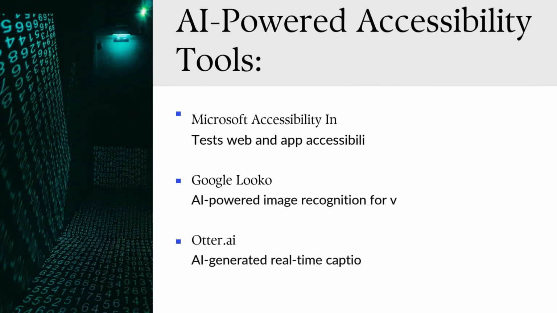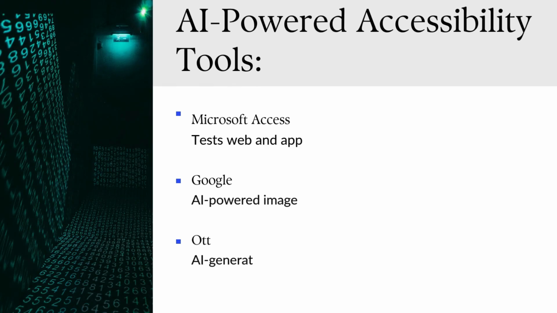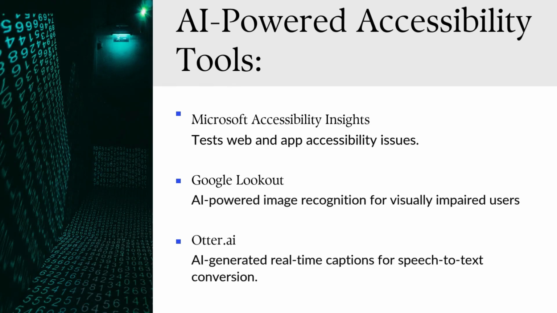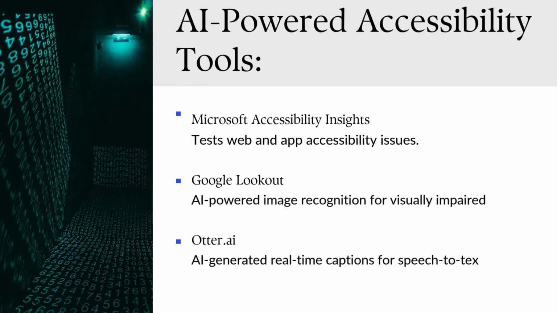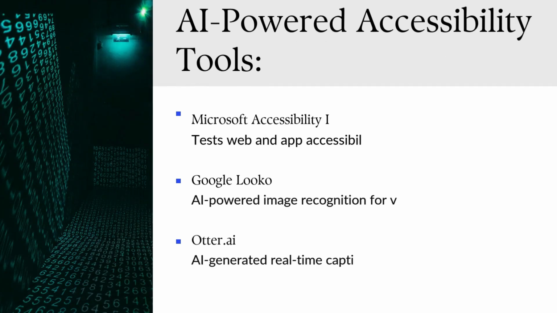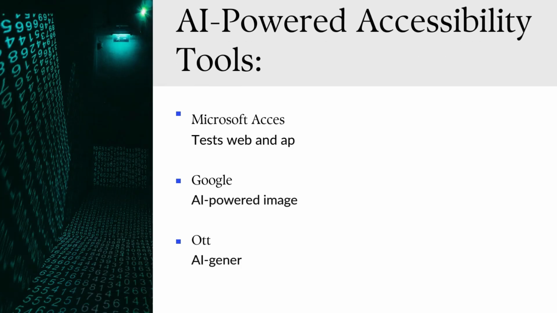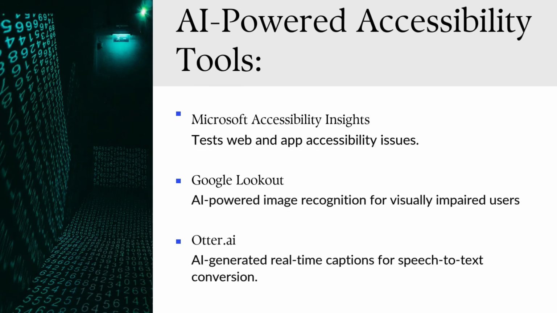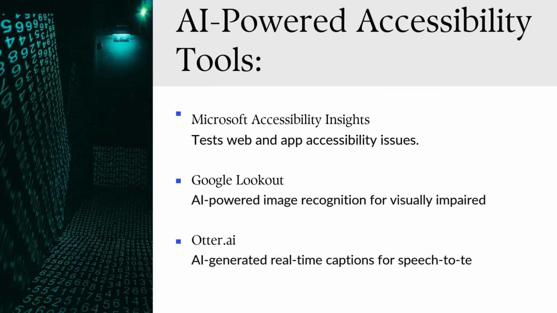Next is what we call the Google Lookout. This is an AI powered image recognition tool for visually impaired users. Next on our list, we have what we call the Otter.ai. This is an AI generated real-time caption tool for speech to text conversion.